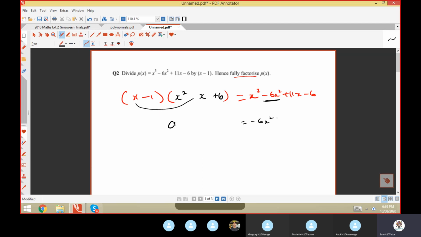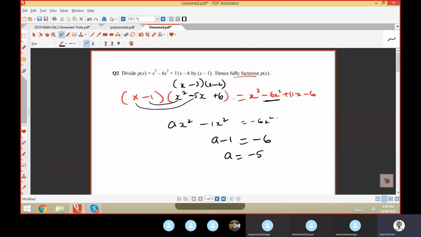So let's call that a x squared. And you'll also get it from these two. So in other words, a minus 1 must give you -6, and therefore a is -5. And then you're done. And obviously to fully factorize it, it would be something like this.